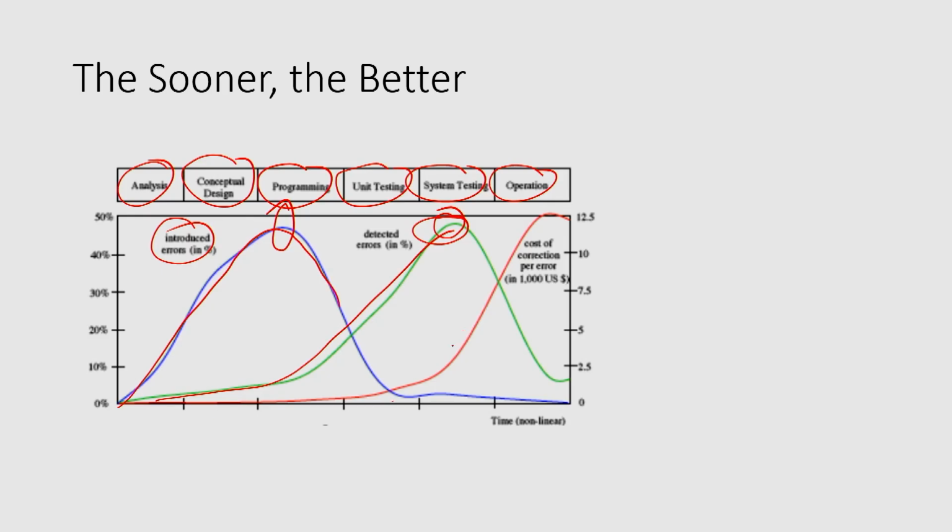And the red one is the cost, right. So if you detect your bug during programming or testing, your cost is not high, maybe 10%. But if you identify this bug during operation, your cost will be very high, right. So this basically says the sooner you identify the bug, the better it is for you in terms of cost.